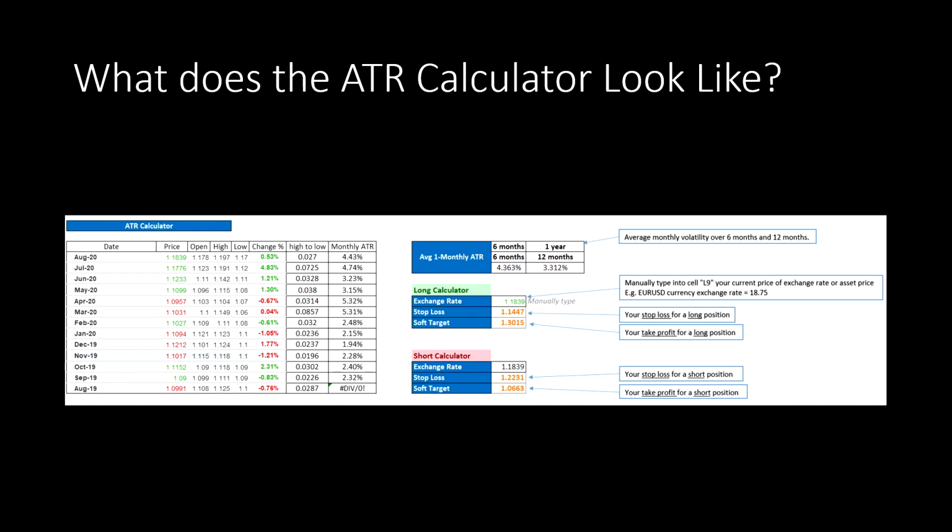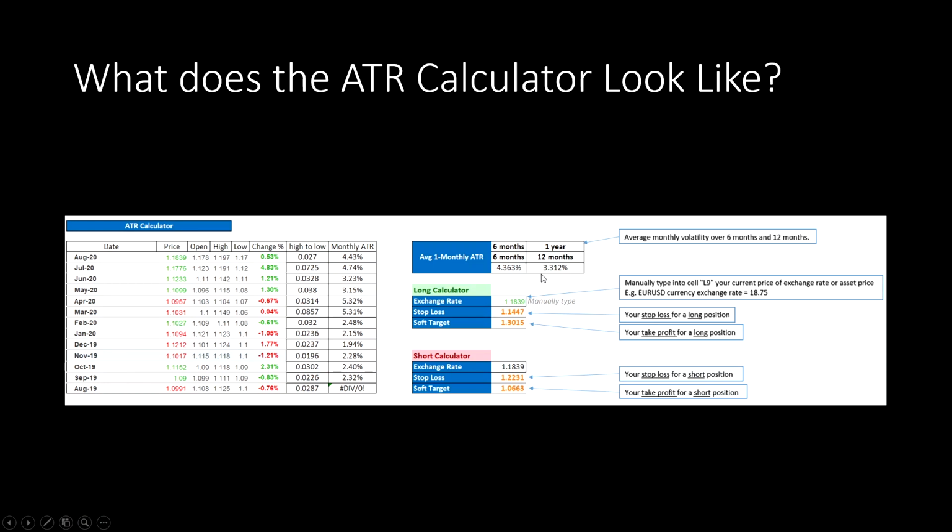Then the good stuff, when we move down into this green area and this red area. The green area is the area where you actually start typing in the price. So in this case, we put the exchange rate. If the exchange rate was 1.1839 and the actual price data was all put in on the left-hand side here, the calculator would then automatically calculate the volatility, which on average is about 3.3% for the whole year, the average monthly volatility.